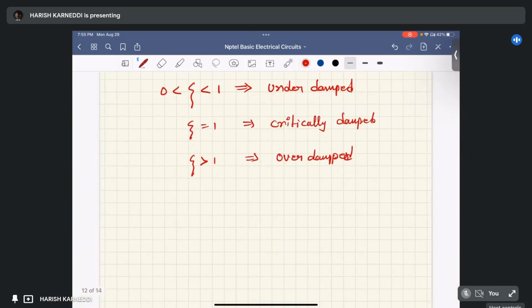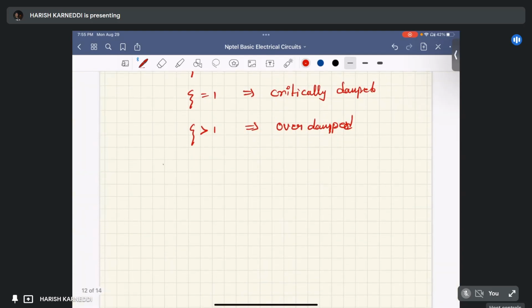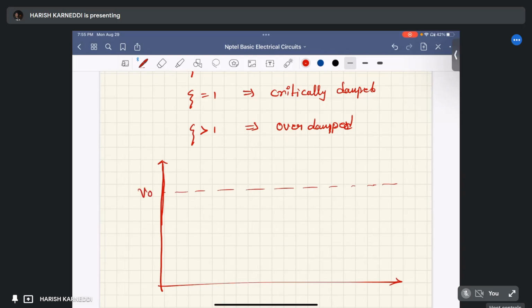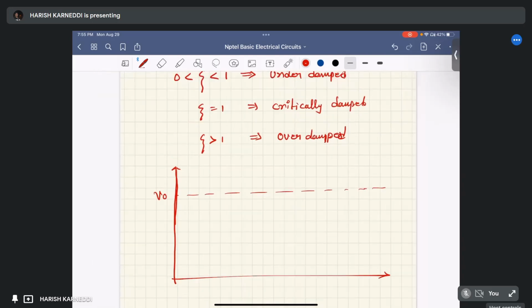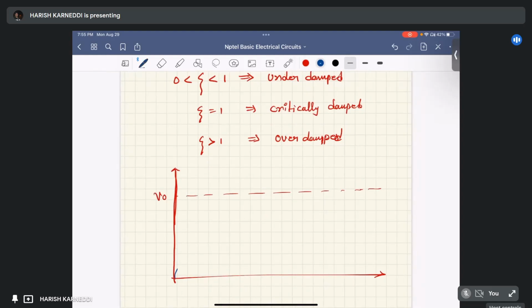So what is the difference between underdamped, critically damped and overdamped? This is a response. Let us suppose this is the final value, the voltage V naught. If the system is underdamped, the voltage response will have oscillations before settling like this. If the system is critically damped, it is without oscillations and settles like this.